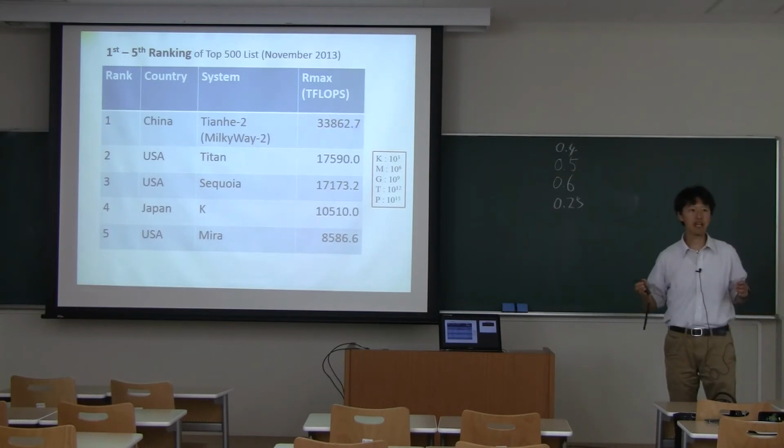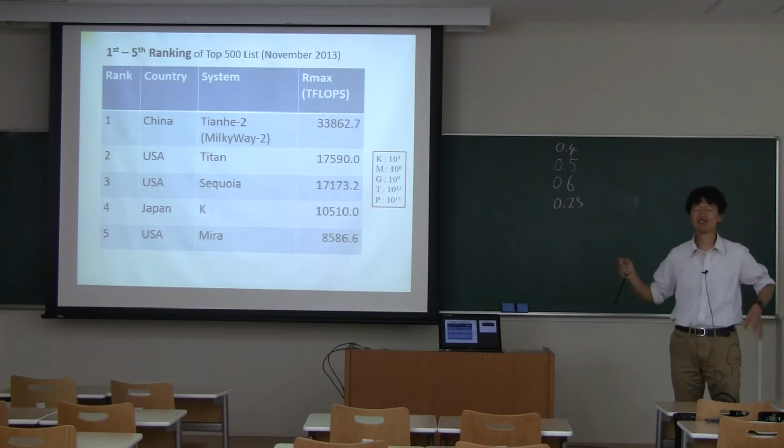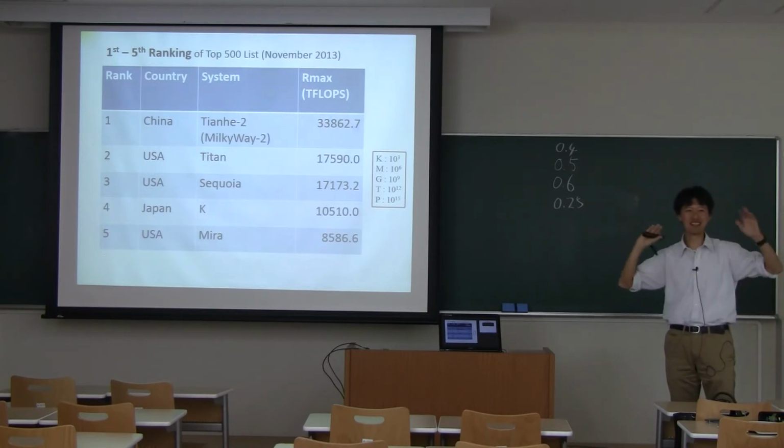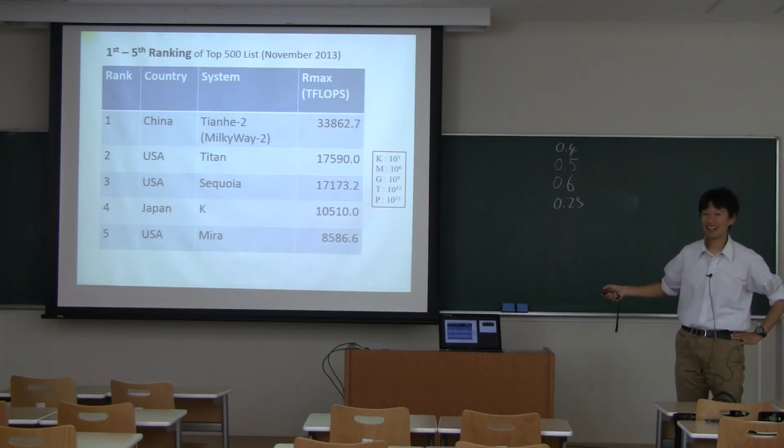Have you ever heard of peta? Peta is 10 to the power of 15. Very huge number. Okay. And the Japanese K computer. I guess you have heard of the K, many K. It is 10 petaflops.